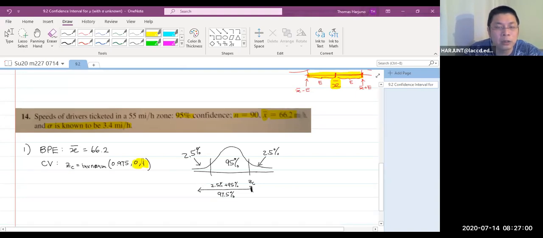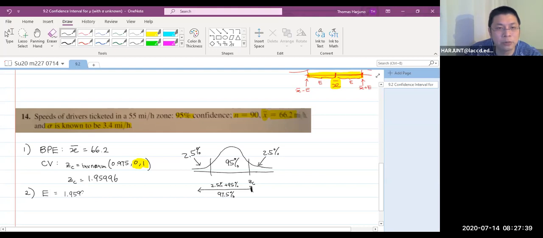If you just type it without using 0 and 1 as the second and third parameters, our calculator by default will see that as standard normal. But that's for the older calculator. The newer one, TI-84, requires you to put in that 0, 1. When you put that in, you will get 1.95996.